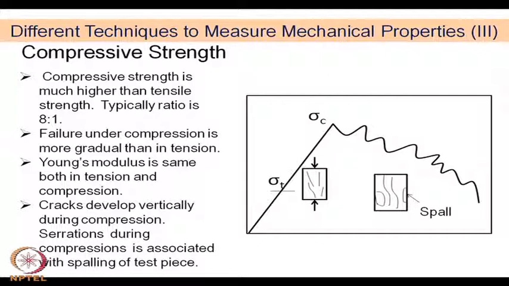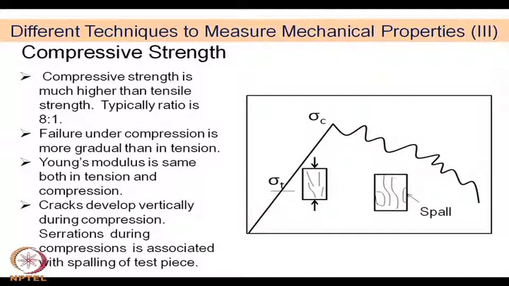Then there is another very important parameter, which is compressive strength. As you will always notice, for ceramic materials we normally do not report the tensile strength, because the tensile strength is quite poor, whereas under compressive load it is much stronger.